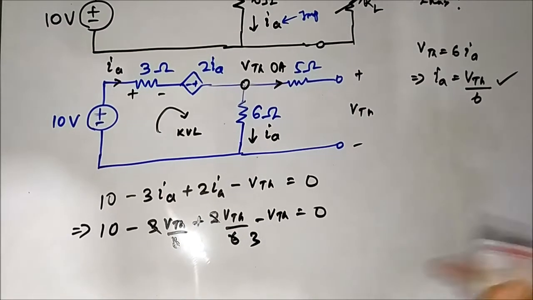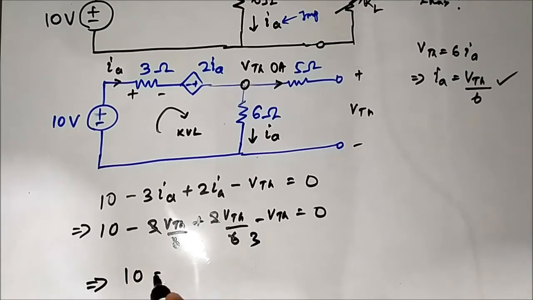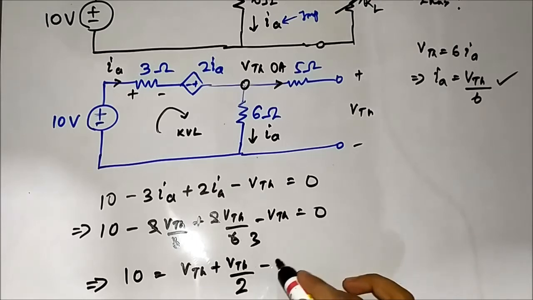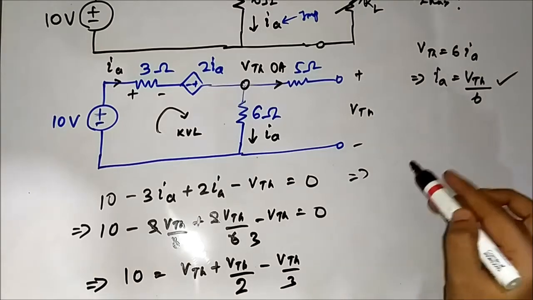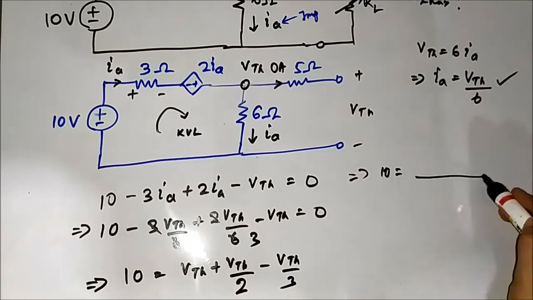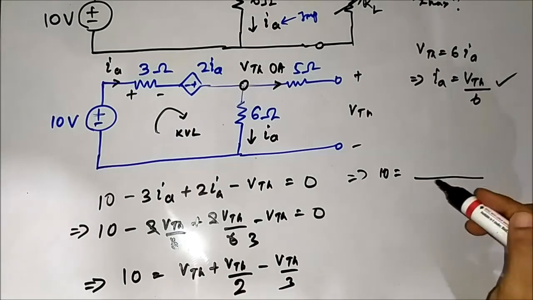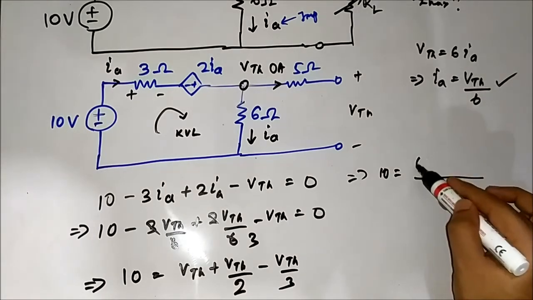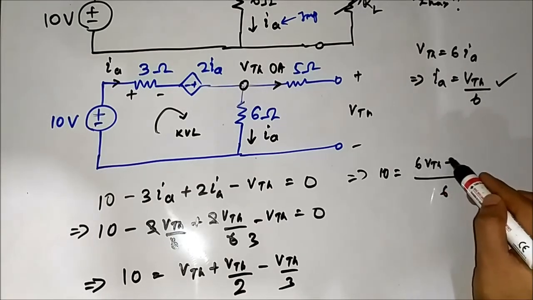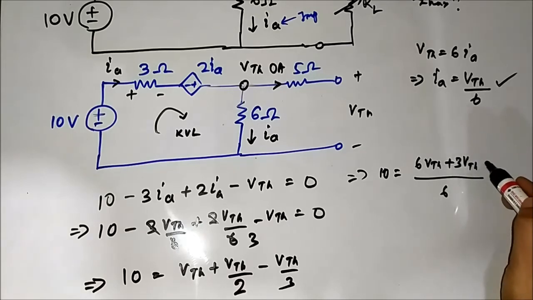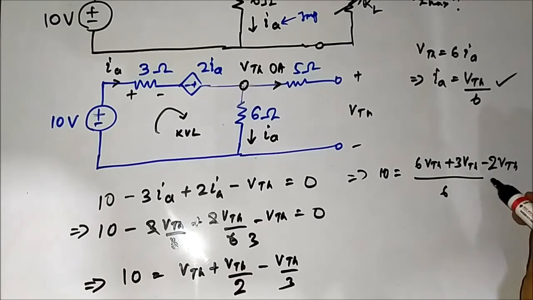That implies 10 is equal to VTH plus VTH by 2 minus VTH by 3. Okay, that implies 10 is equal to, taking LCM, so it is 6 VTH plus 3 VTH minus 2 VTH.